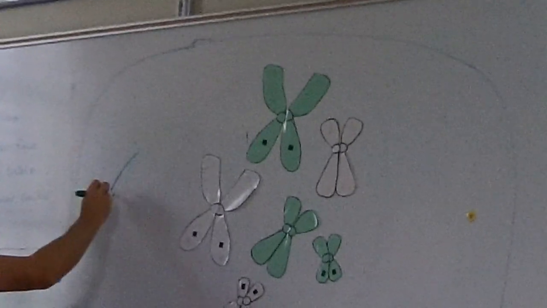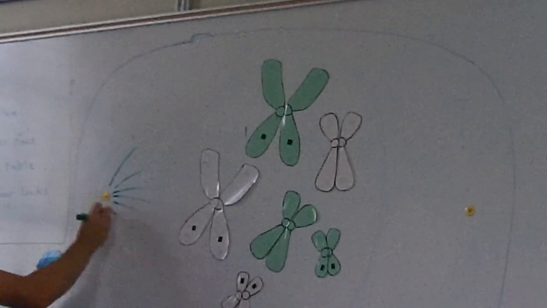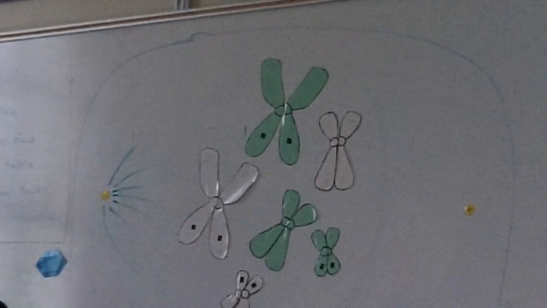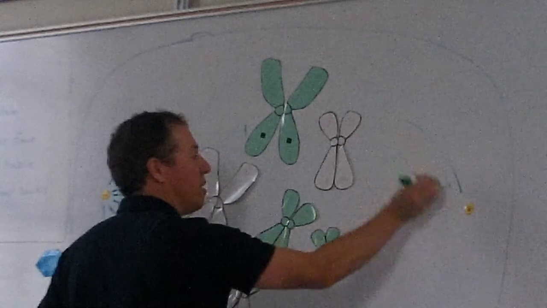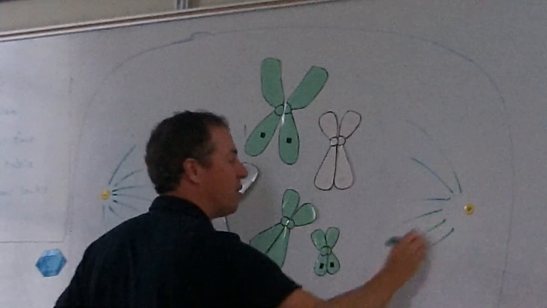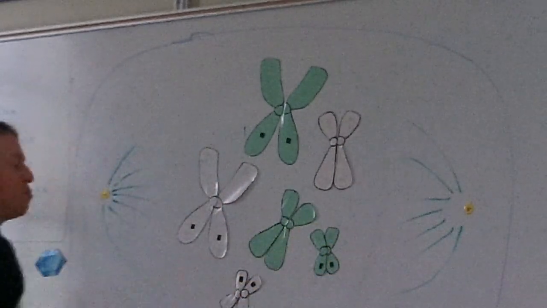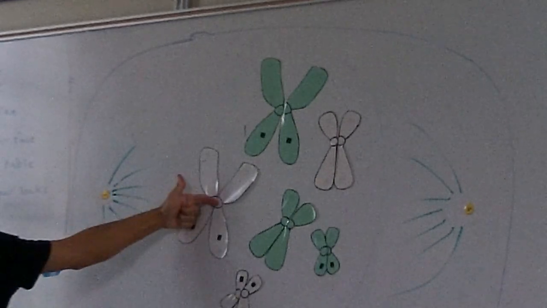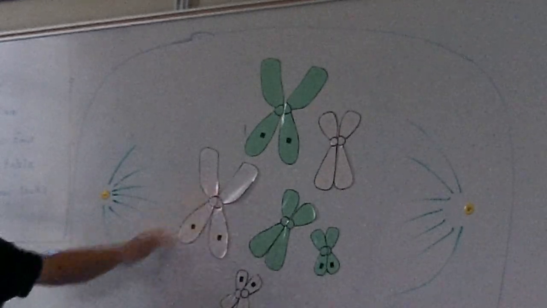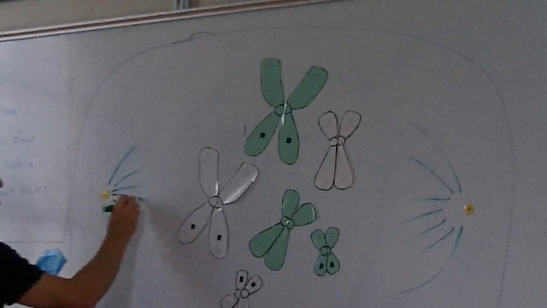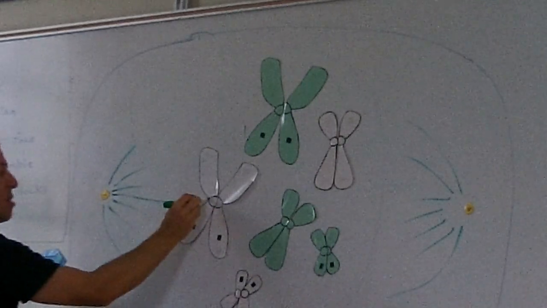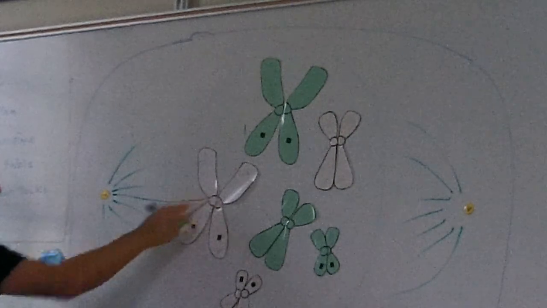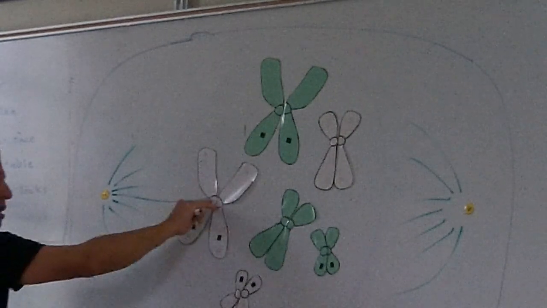And then these centrioles start shooting out microtubules called spindle fibers. They come shooting out, and what they are is little ropes. The spindle fibers are going to attach to the chromosomes. The spindle fibers attach to those kinetochores that I showed you. The kinetochores capture them.